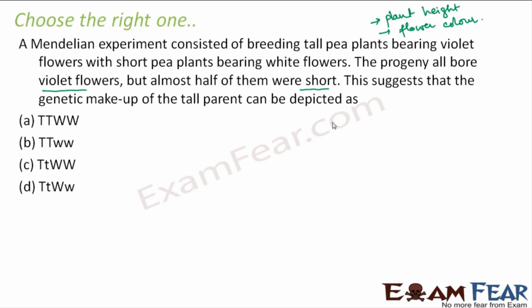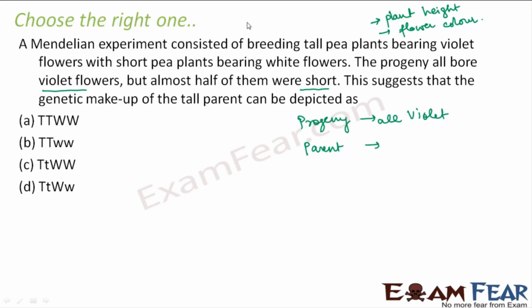So let us see. When we talk about the progeny, it was all violet, right? If the progeny was all violet, that means the parent was homozygous violet. Which letters will we use to denote them?